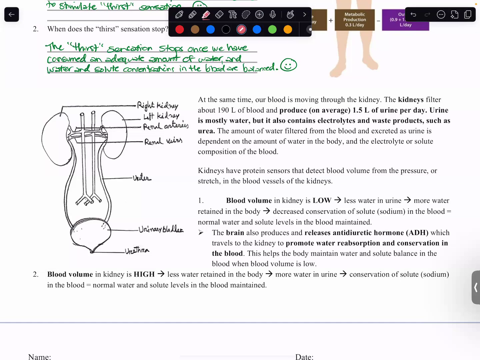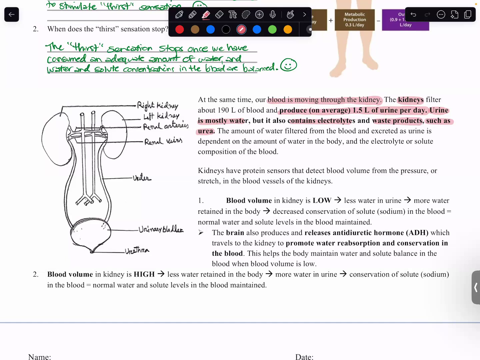At the same time, our blood is moving through the kidney. The kidneys filter about 190 liters of blood and produce on average 1.5 liters of urine per day. Urine is mostly water, but also contains electrolytes and waste products such as urea.